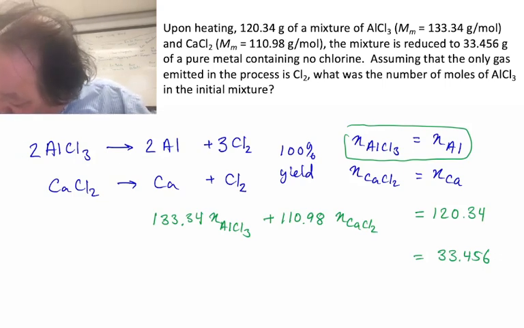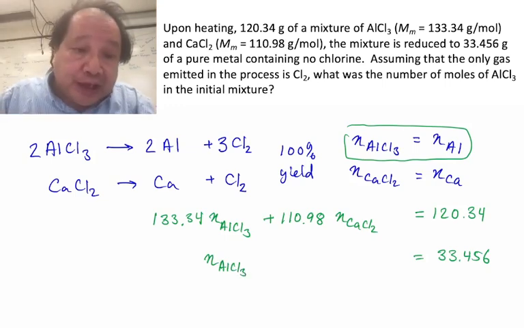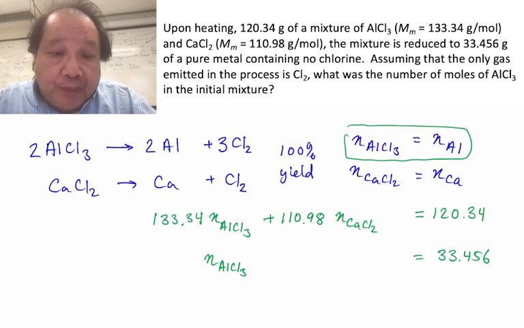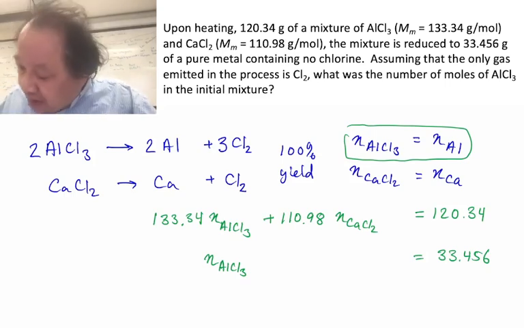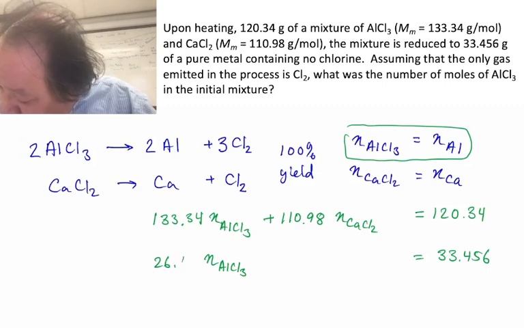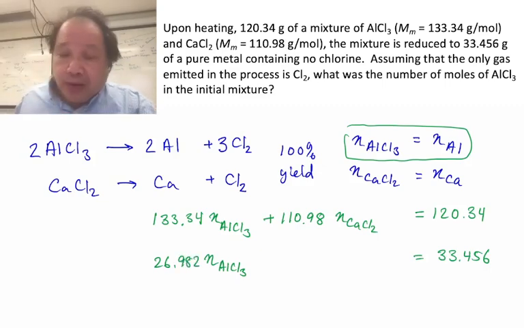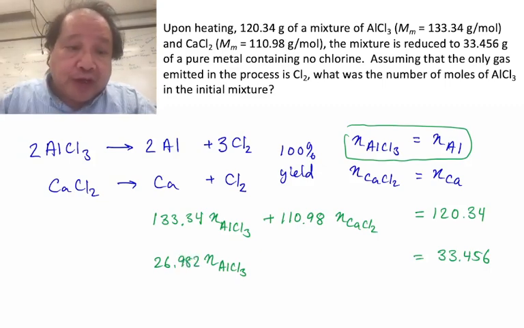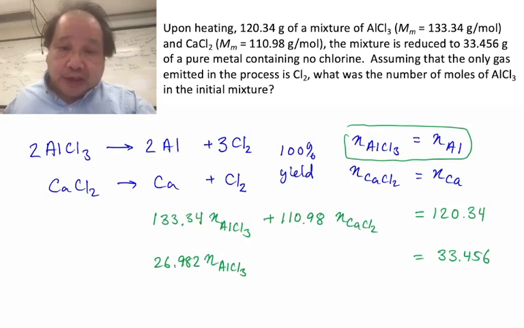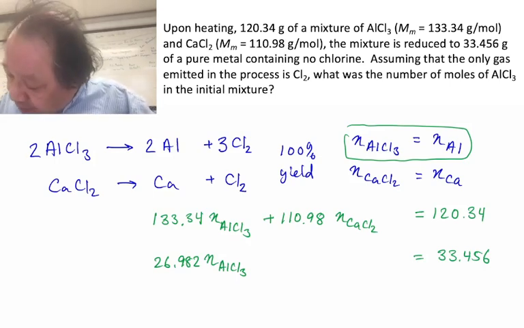If I look up the atomic mass of Al, it's 26.982. And so number of moles of Al times 26.982 is the number of grams of Al, and I can write the number of moles of Al as moles of AlCl3.